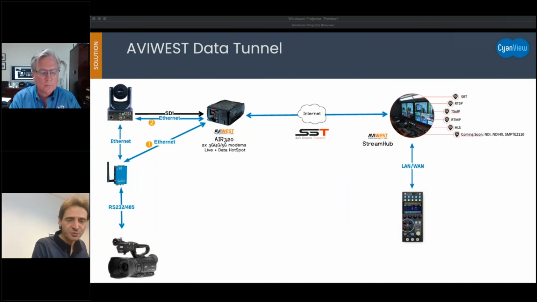Now, there is one point, and maybe you're going to expand on that, talking a bit about AV West, but we worked with AV West to make sure that our solution would go through their data tunnel. The way it works is that you have the RCP on that side. Instead of having an internet connection, the AV West system is acting like a gateway and will route all packets from one side to the other.